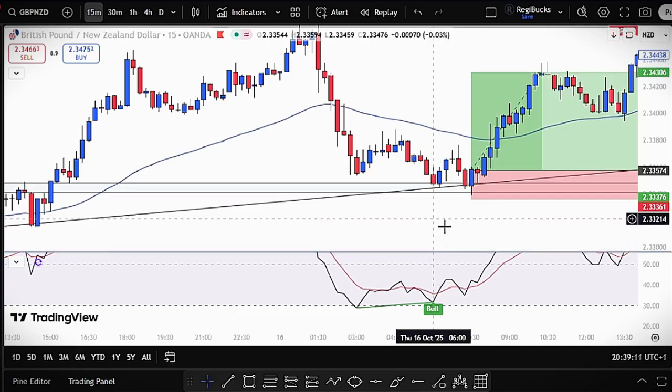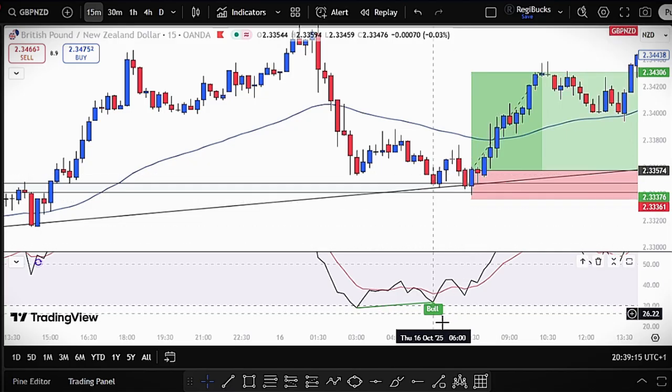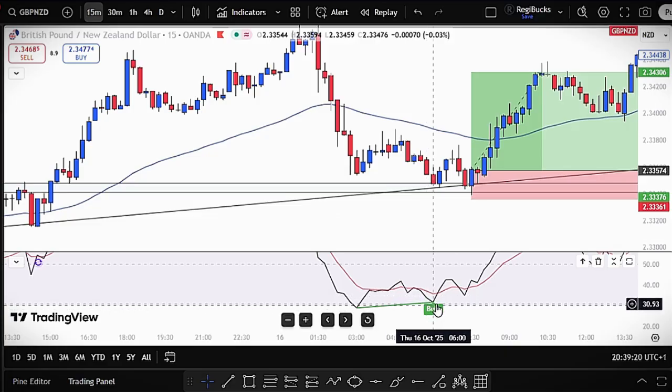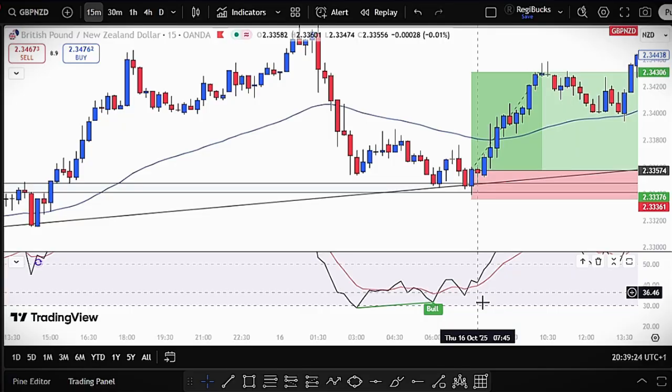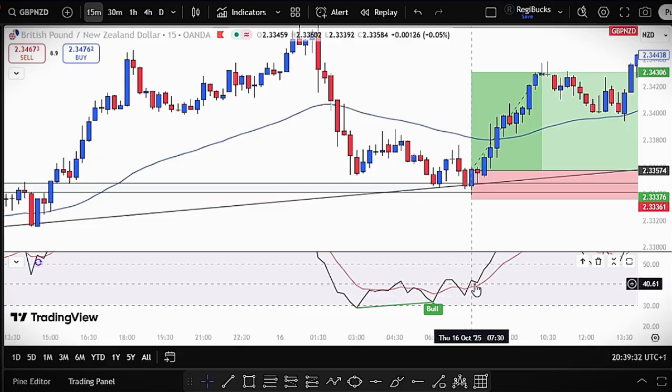So now you see that we had a double bottom here. From this point to this point, the RSI was making higher highs, while the double bottom was on the same support level. We made higher highs, and then the black crossed over the red. Once I saw that, I entered the trade immediately.